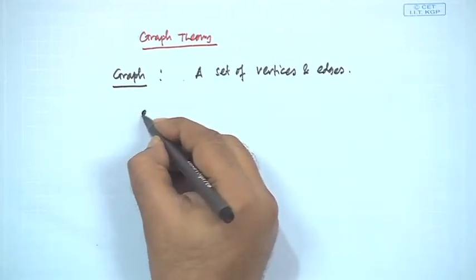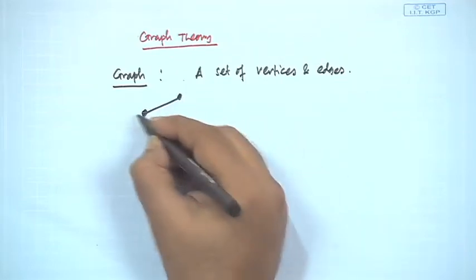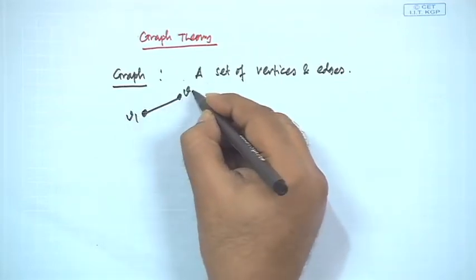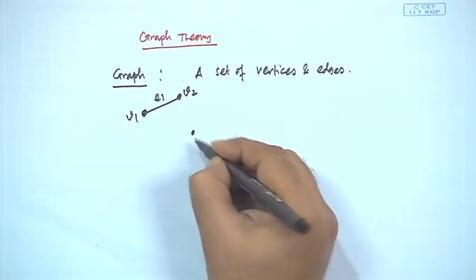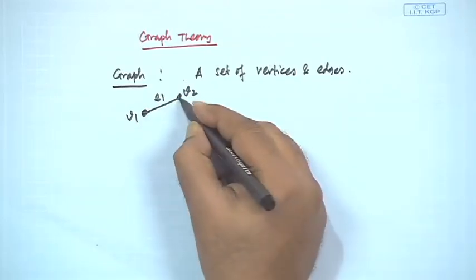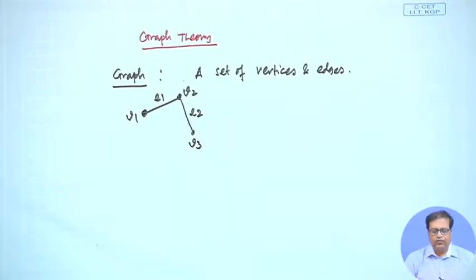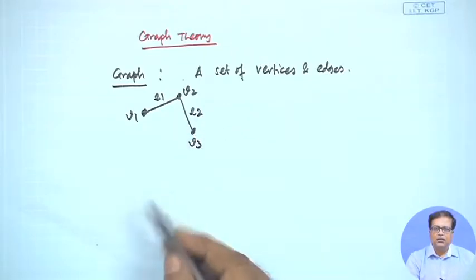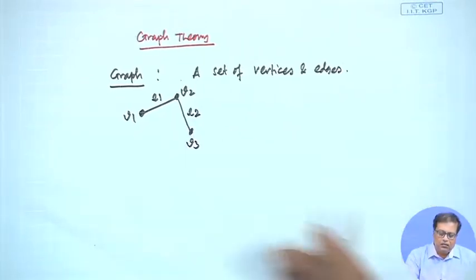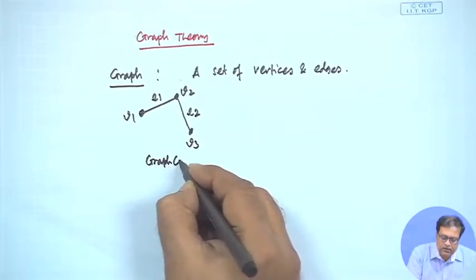So this is a vertex, this is an edge, this is another vertex. So V1, V2, and this is an edge E1. Let us take another vertex V3, then we have another edge E2. So is this a graph? Answer is yes. Maybe let us call this as graph G.